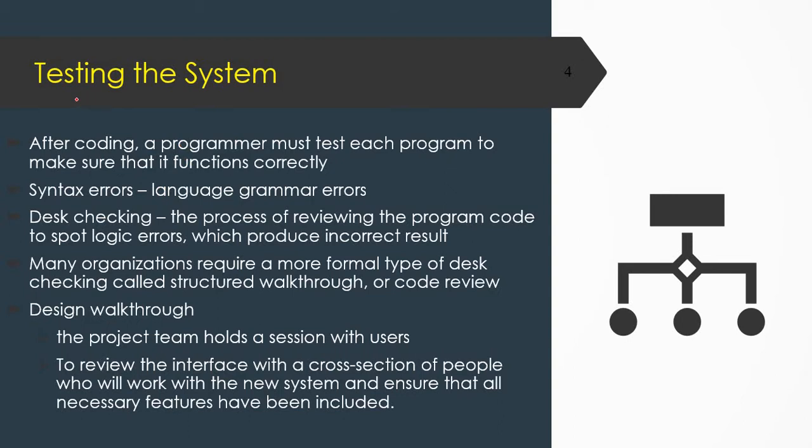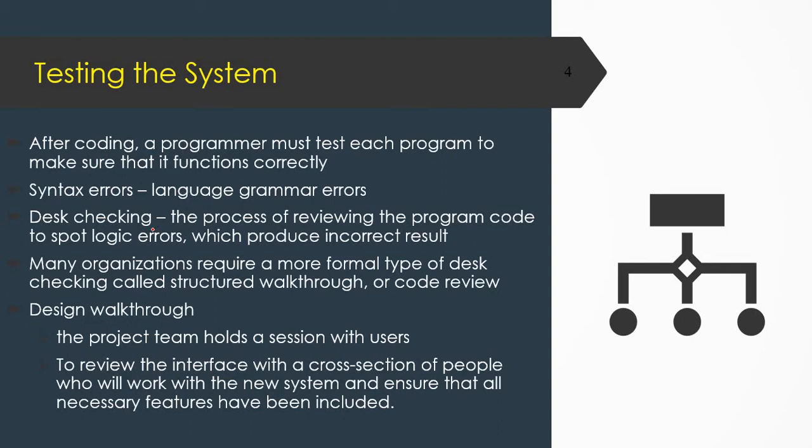So basically, testing is an activity after the coding process where a programmer must test each program to make sure that it functions correctly. And usually, they are going to start with the syntax error, which is the language grammatical error. After that, they are going to do the desk checking.